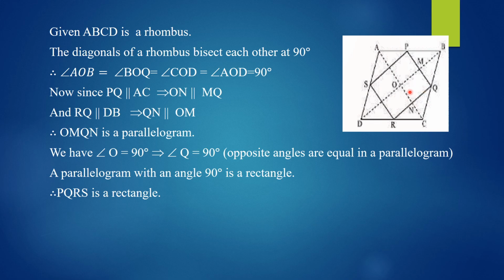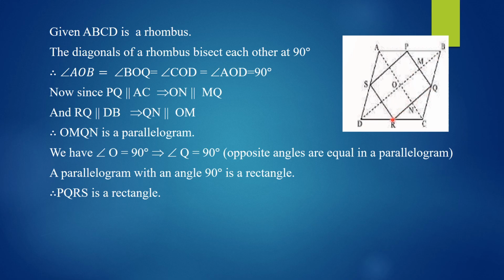For that, we are going to take the small quadrilateral OMQN. We can already say PQ is parallel to AC and therefore ON will be parallel to MQ. If we take the diagonal BD, we can prove QR will be parallel to BD and QR will be half of BD.